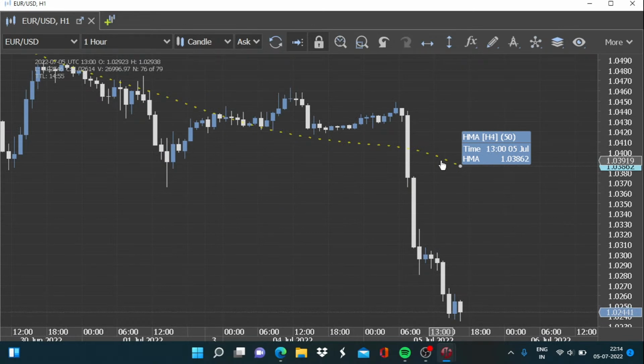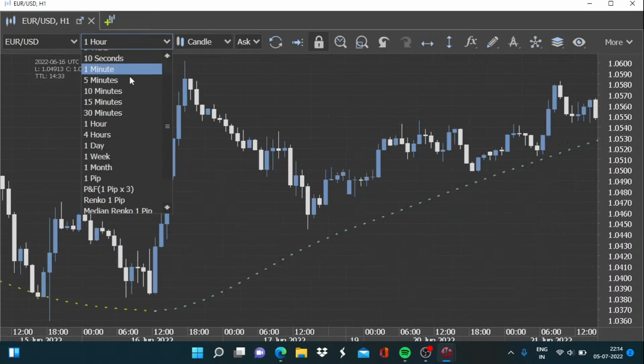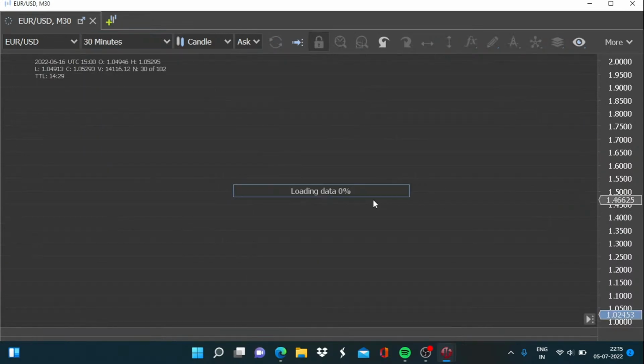So this is basically 200 hours worth of HMA, and earlier it was being calculated on the chart candle period, so it was of 50 hours. That's the change we are observing as we changed one of the properties of the HMA using the editing option.